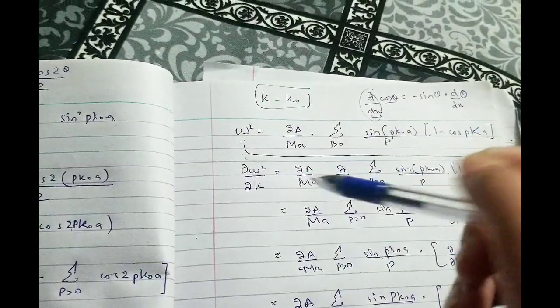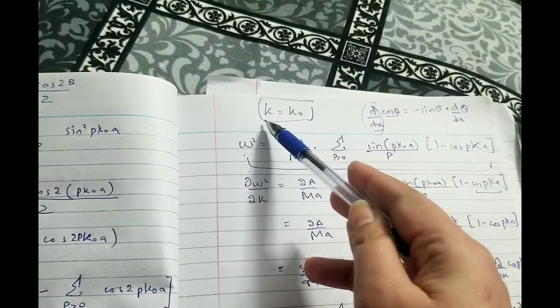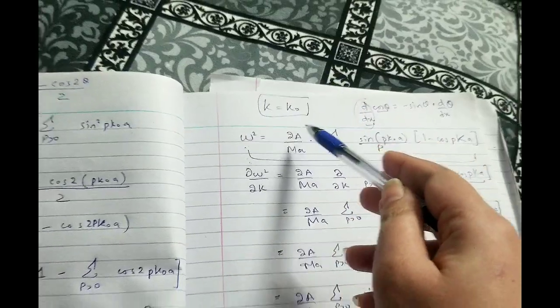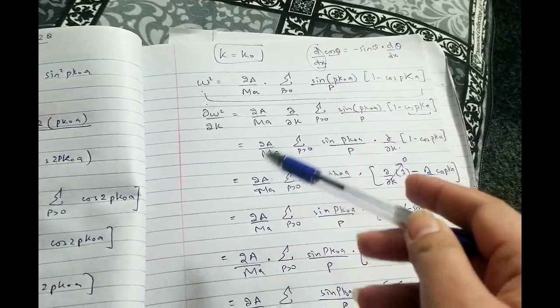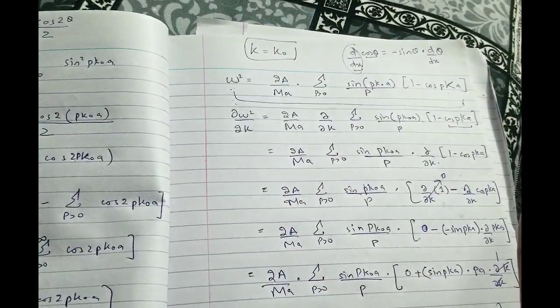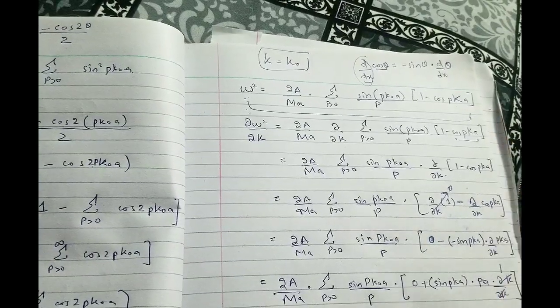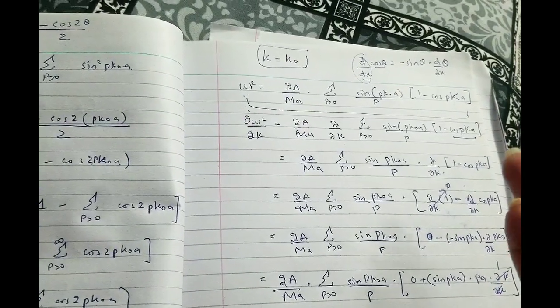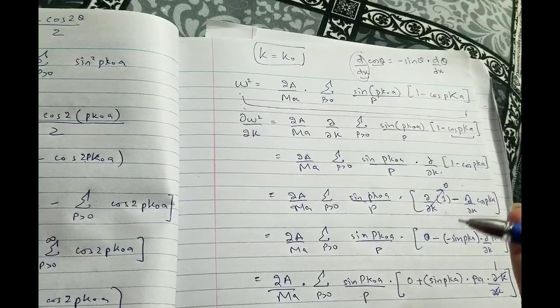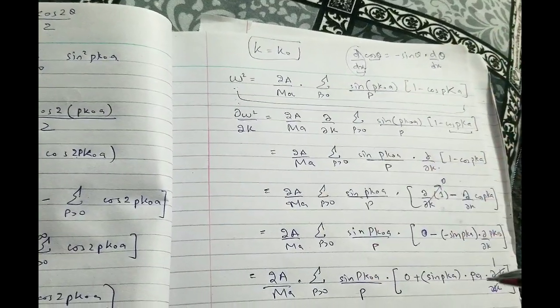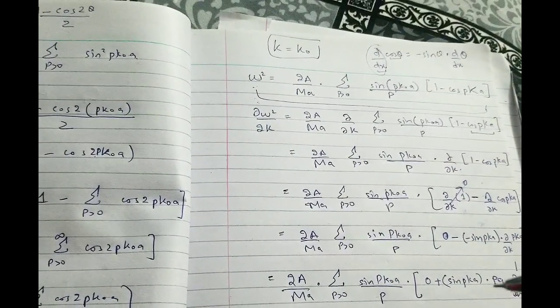We can do it by finding its partial derivative or derivative. Simply, derivative means slope, finding the slope. So if you want to find the tangent, you can do it by finding its slope or derivative.